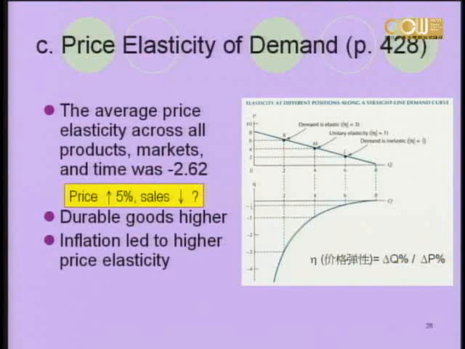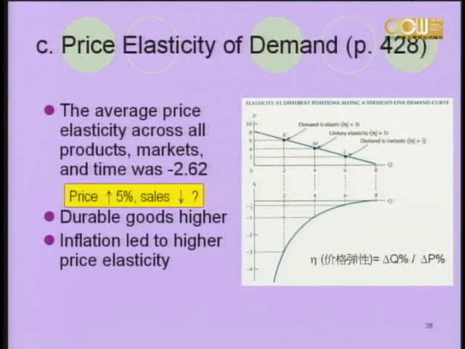Anyway, these are the ideas in the book. So he said the elasticity is higher in general. Inflation leads to higher price elasticity. What does this mean? Inflation leads to higher price elasticity. So inflation is coming right now. What happens to us? Do we spend more or spend less? The inflation is here to stay, right? And higher price elasticity.